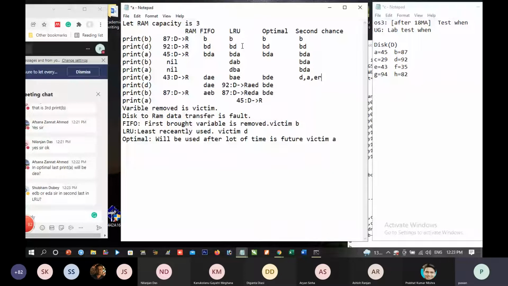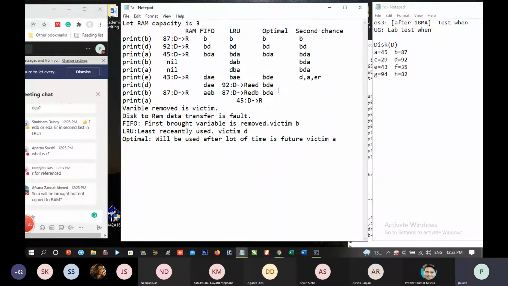LRU: B, BD, BDA, BDAB, DBA, BAE, and afterwards D is required. So it will be AED. Then B is required, EDB.